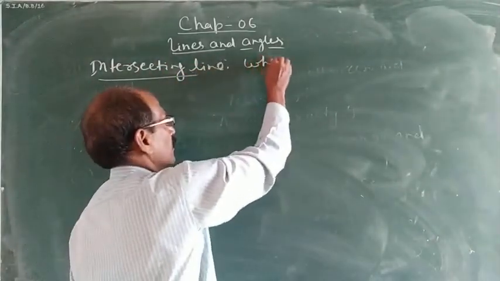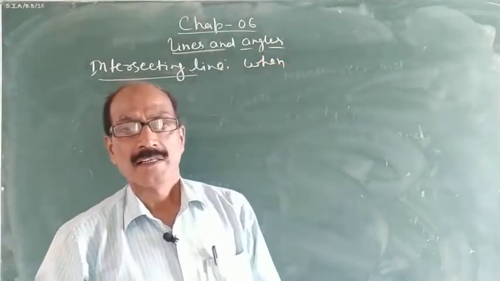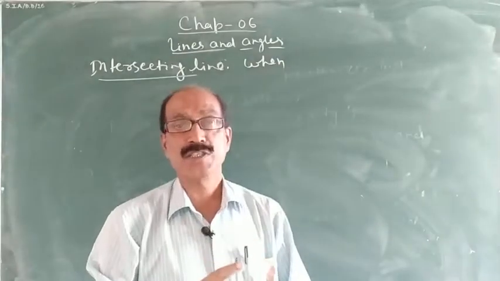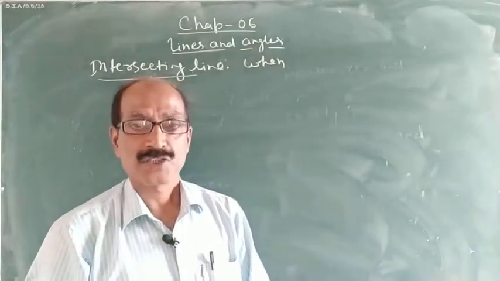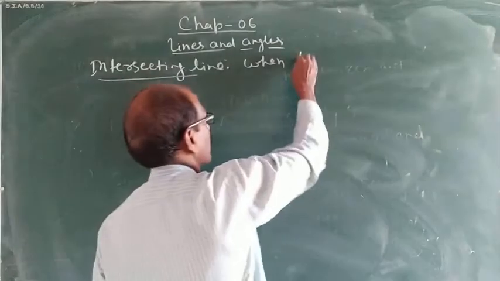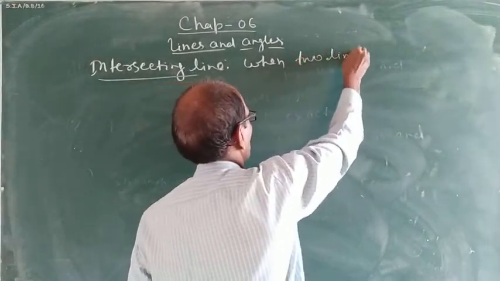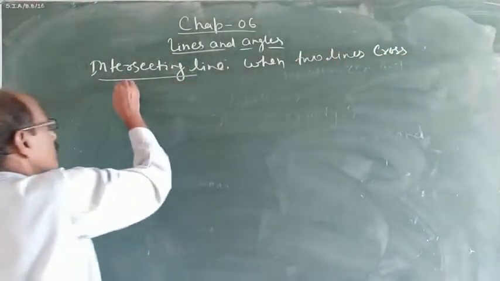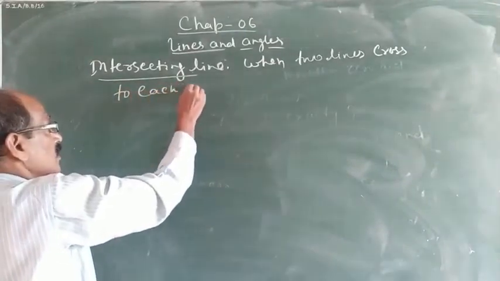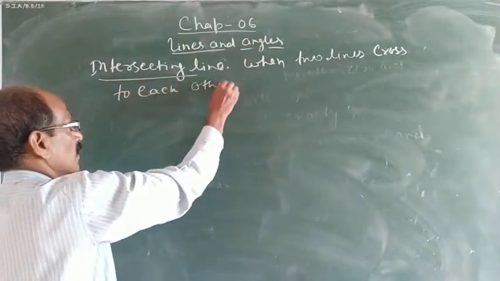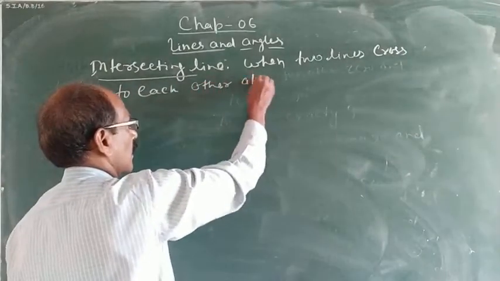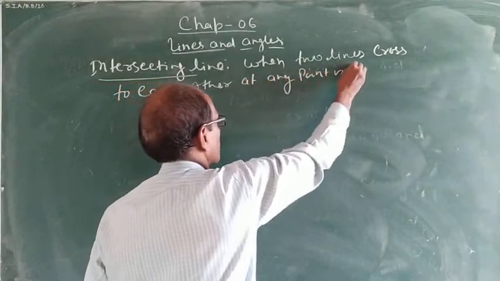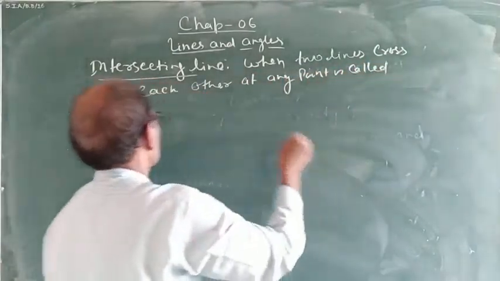When two lines cross each other at any point, it is called intersecting lines.